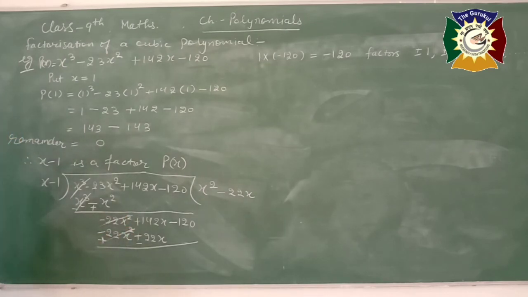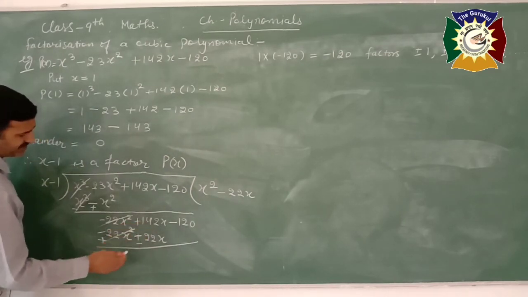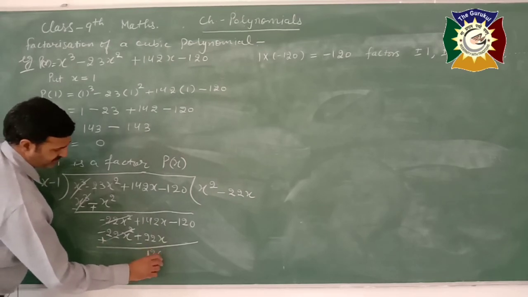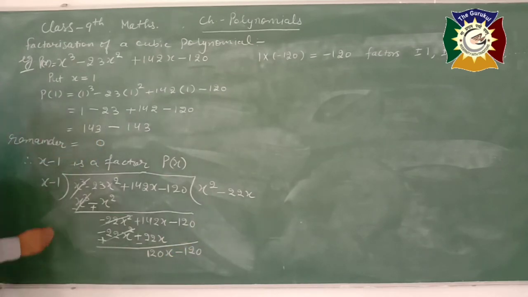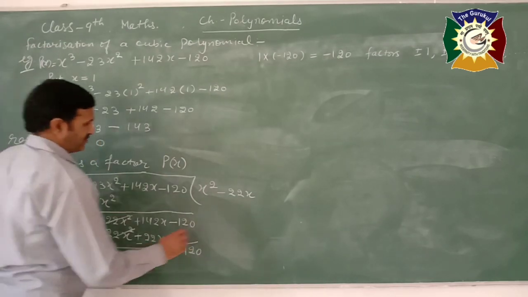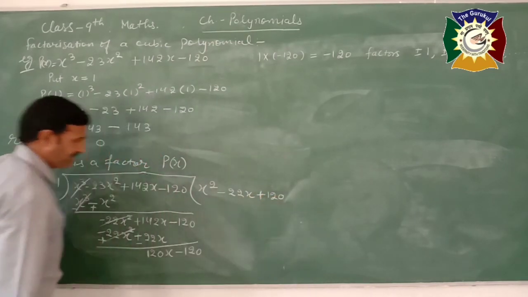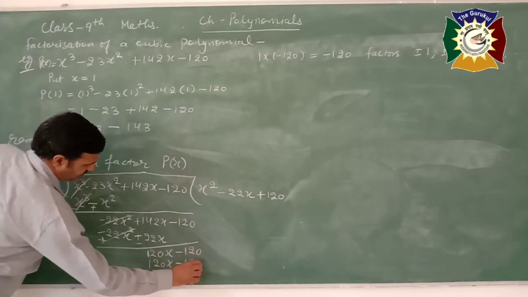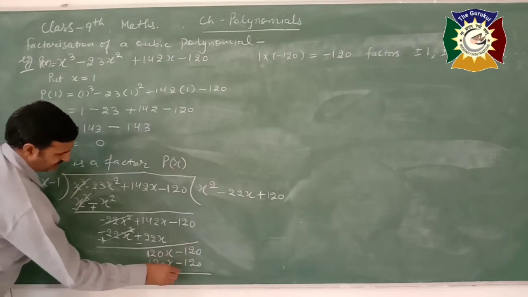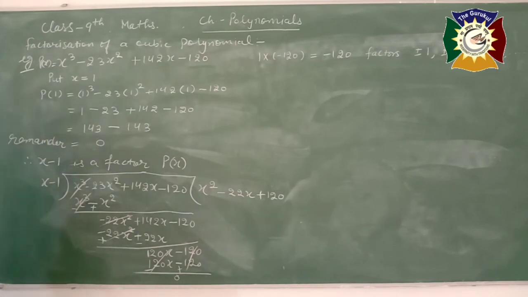First term again cancels, and now simplify the like terms. 142 minus 22, 120 we got, 120x minus 120. Divide the first term by x. So the third term of the quotient is 120. 120x minus 120. Change the sign, both the terms cancel, and the remainder is 0.